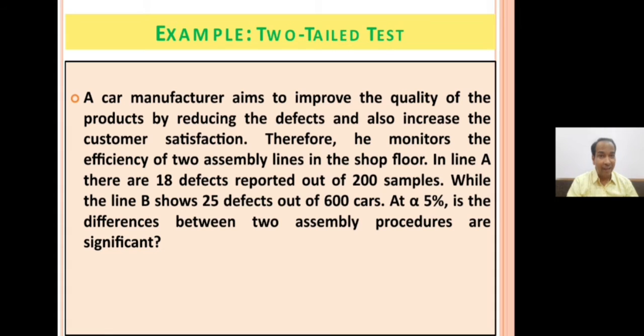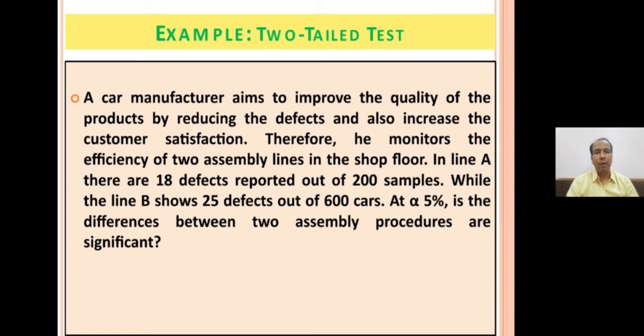In line A, there are 18 defects reported out of 200 samples, whereas in line B, 25 defects are reported out of 600 samples of car. At alpha 5%, you have to test whether the difference between two assembly procedures is significant or not. I hope you have gone through this problem. I read it very slowly so that you can write it.